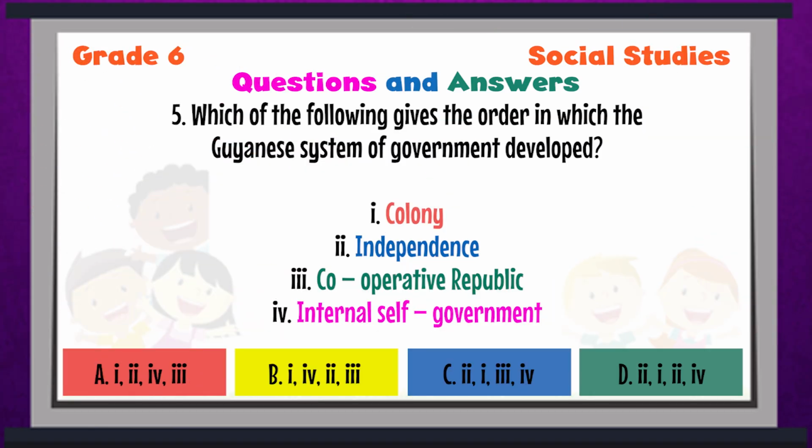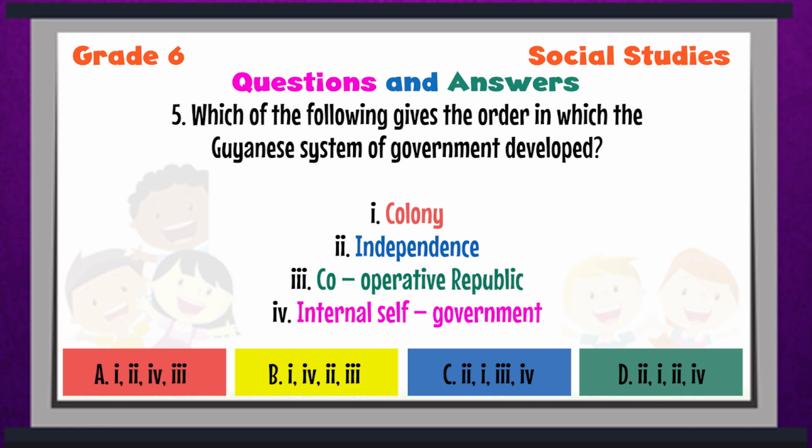Question 5. Which of the following gives the order in which the Guyanese system of government developed? 1, 2, 3, and 4. A has a combination of 1, 2, 4, and 3.